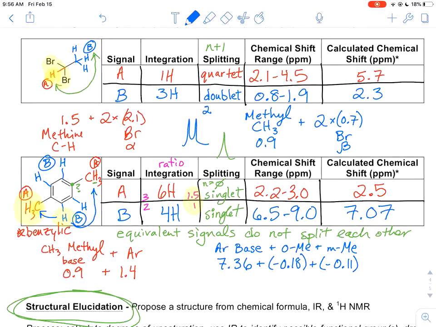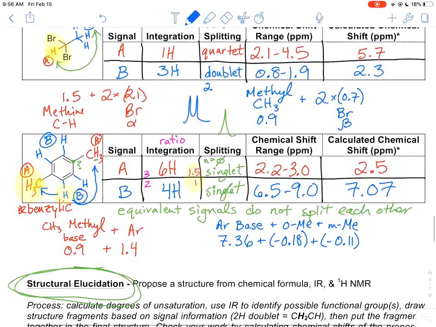It's tricky, and if you don't understand all this stuff that's in the blue and the green and the red, you're going to have a hard time with it. So you may just want to watch this part of the video now, work on the homework, get some help in office hours, or we're going to give you some time to work on the worksheet in lab next week. Once you feel solid on number 1 of the worksheet, the predictions, then you can start working on structural elucidation. So that's just fair warning. But since this is one video, we're going to keep it going.